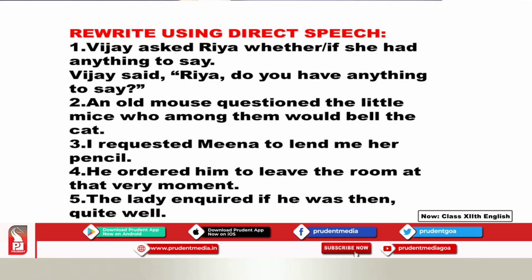Yes, it's a question, so there is a question mark. The second, an old mouse questioned the little mice who among them would bell the cat. The third sentence, I requested Meena to lend me her pencil. Of course, when you are borrowing something, you must use that word.